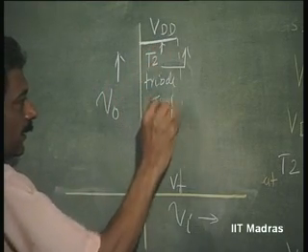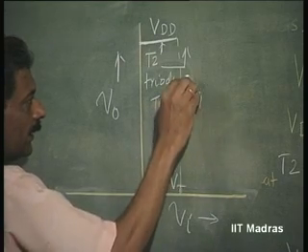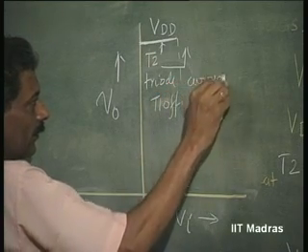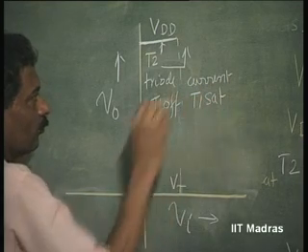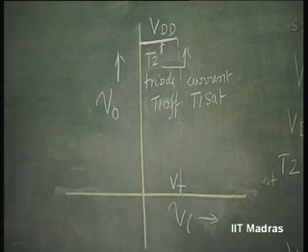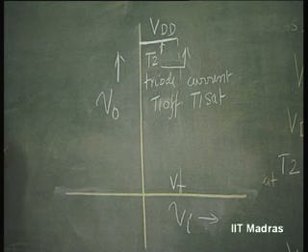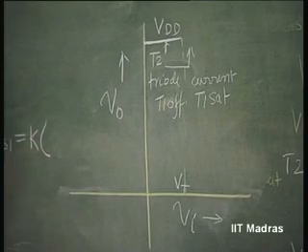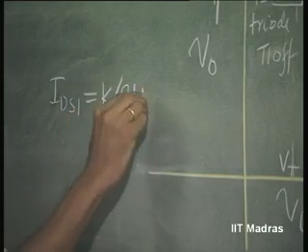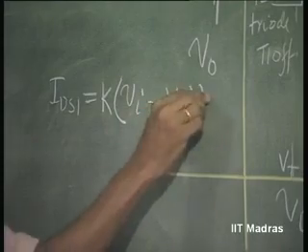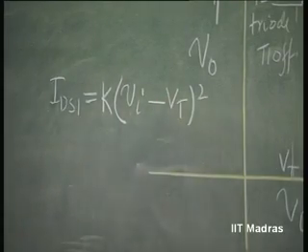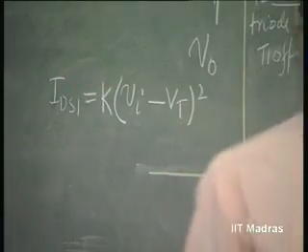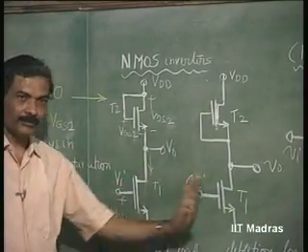T1 here is off and T1 has entered current saturation region. That means IDS1 is going to be K times Vi minus Vt whole square, that is valid for T1, like it happened here.